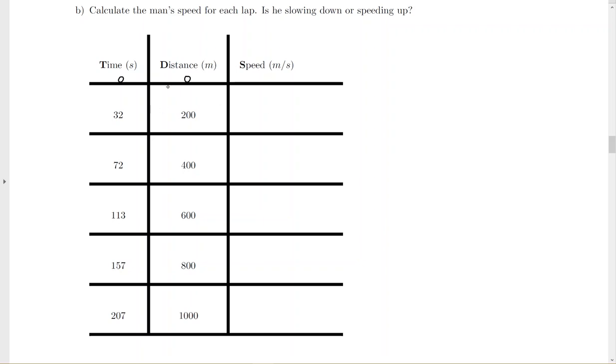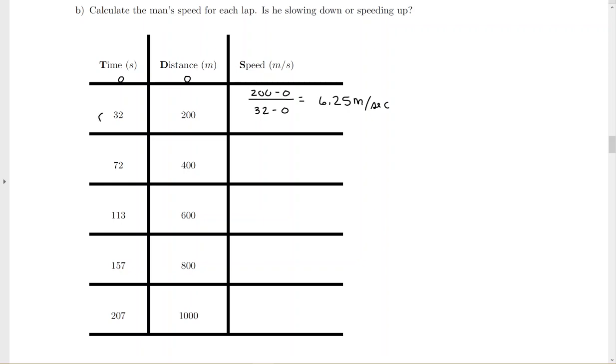But in calculating the speed from the very start to 32 seconds, we're going to be using, again, our slope. 200 minus 0 divided by 32 minus 0. Do the calculation, do the division, and we are looking at 6.25 meters per second.